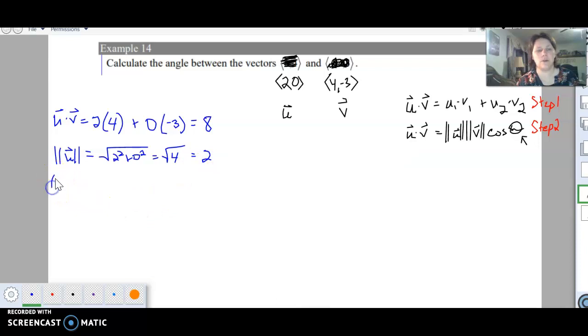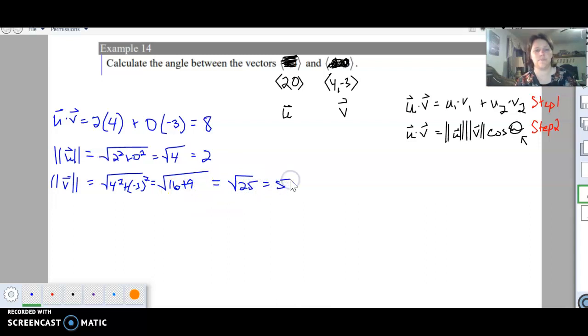Okay, we also are going to need the magnitude of v, which is going to be equal to the square root of 4 squared plus -3 squared, which is equal to the square root of 16 plus 9. So 16 plus 9 is going to equal the square root of 25, which then is 5.